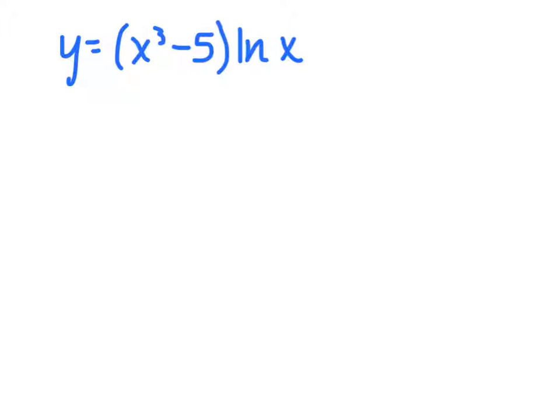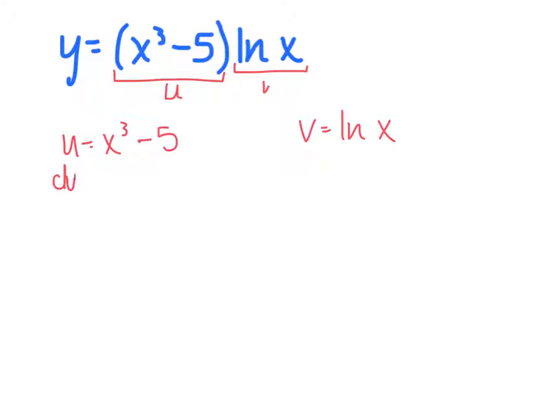Again, another product rule problem. Here's my u, but this time my v is involving ln. So just a different version, I guess. So u is x cubed minus 5, and v is ln x. Differentiate both of those. That's 3x squared, and the minus 5 disappears. And dv by dx is 1 over x.